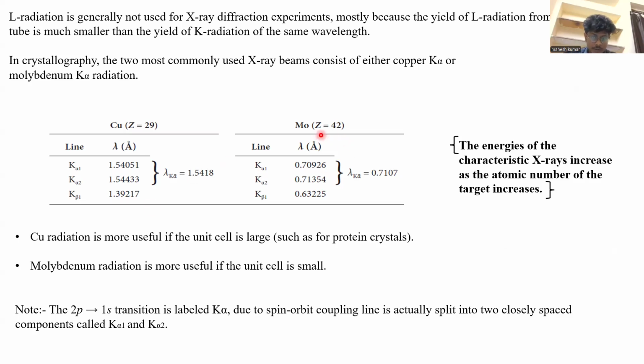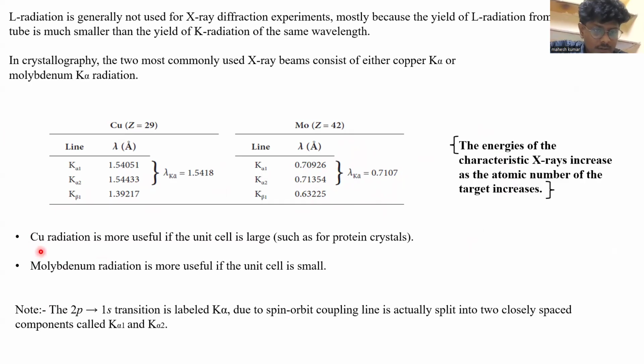So here molybdenum has a shorter wavelength than copper.